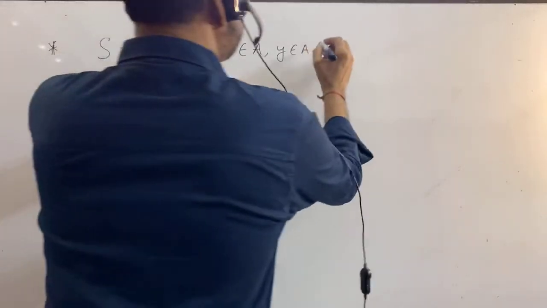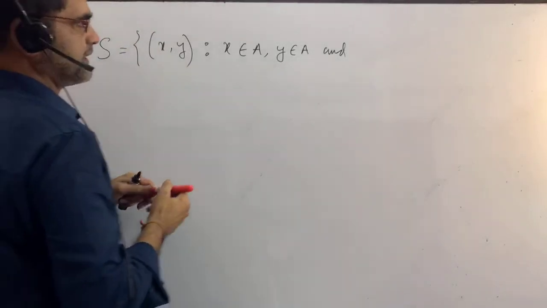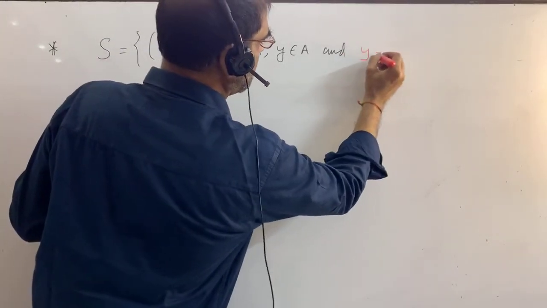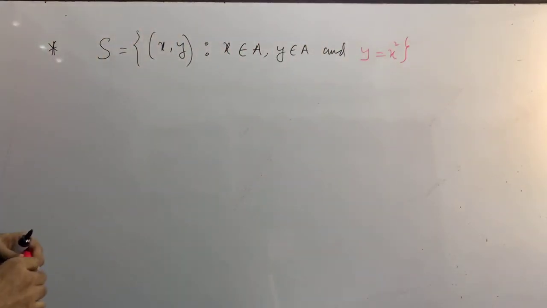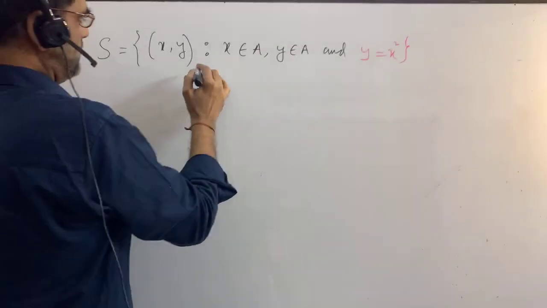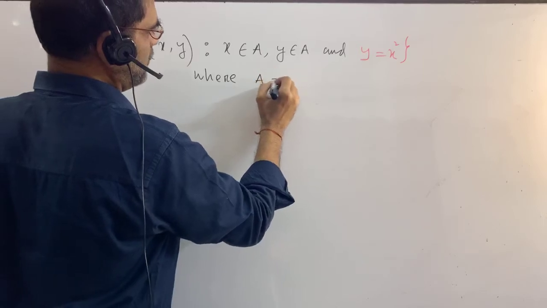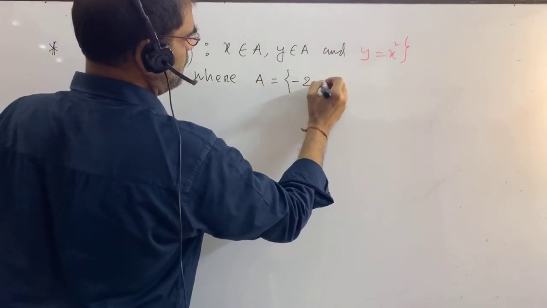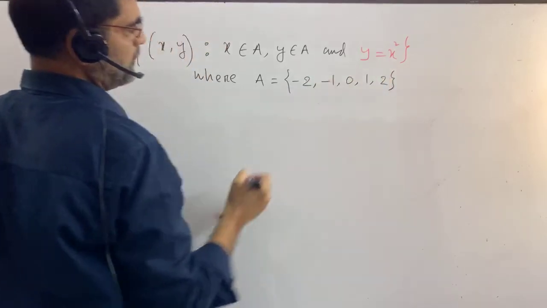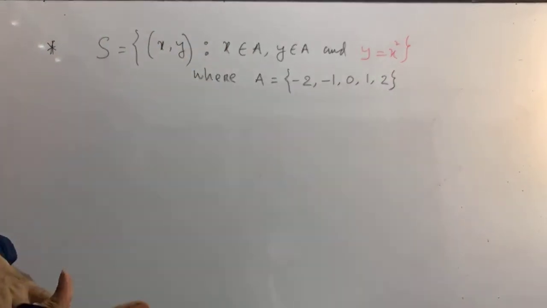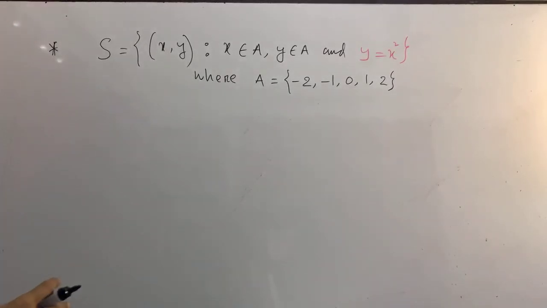And the interesting part is here, main part, y equal to x square, okay, where A is equal to -2, -1, 0, 1, 2. You have to find your domain, range, you have to find. Now you see how to do this math.